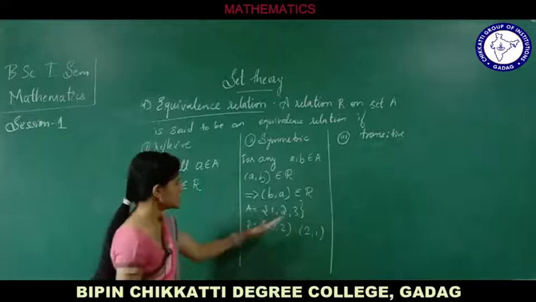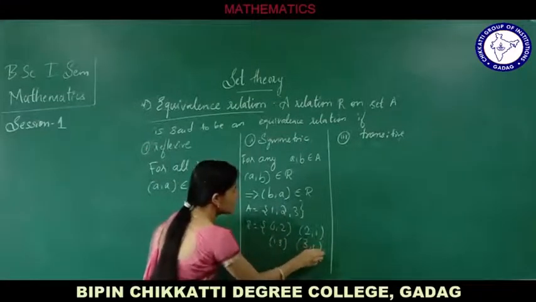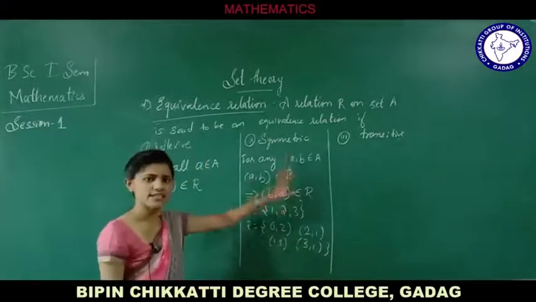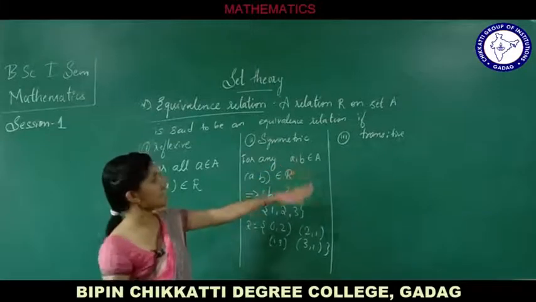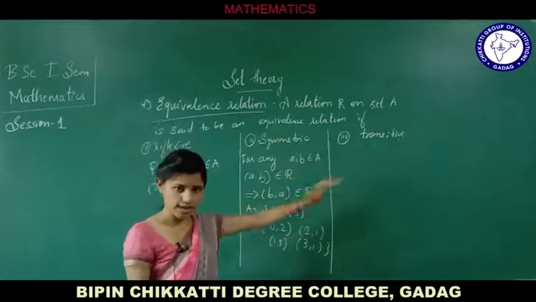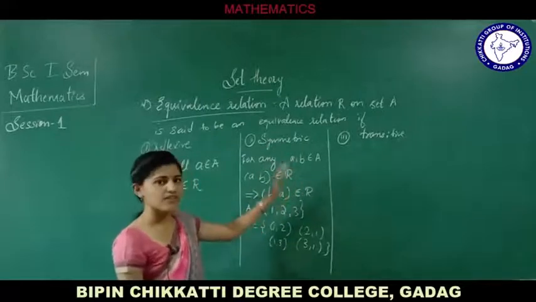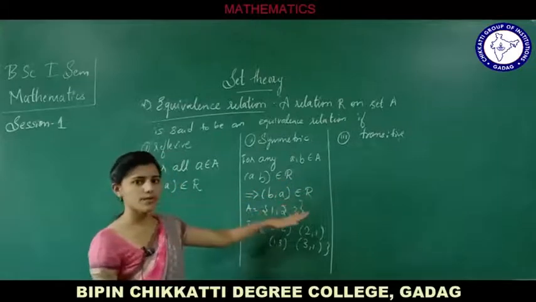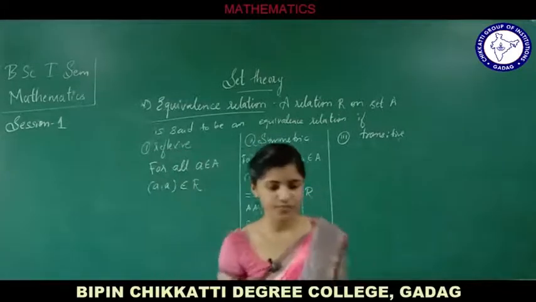If it has (1, 3), then it should also have (3, 1). It is not that it is for all; it is for any set of numbers. That is, symmetric is that (a, b) belongs to A, and if (a, b) belongs to R, then we say that it is symmetric only if (b, a) belongs to R. Similarly, we have transitive.